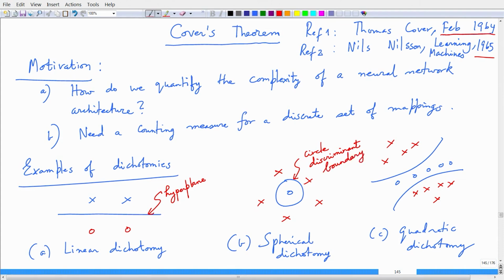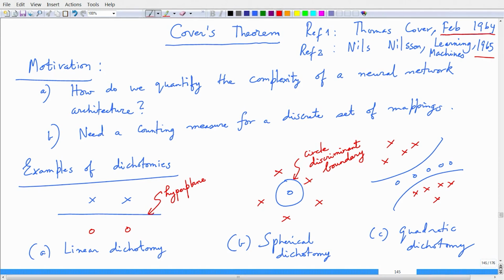boundary. Similarly, we can think of quadratic dichotomy as well. So, we can have two patterns here which are these circles and these crosses, and we have these conics that are separating these two classes. So, as you can see, the discriminant boundary is going all the way from a simple hyperplane to a curve, right.